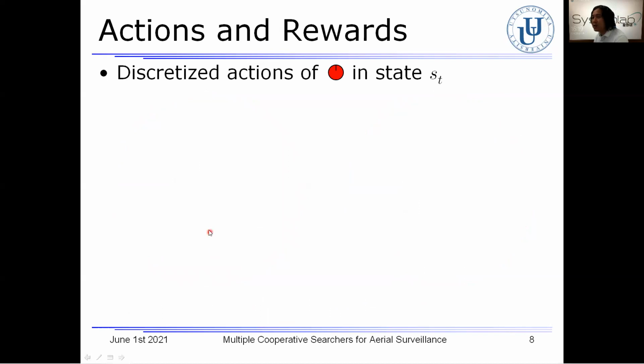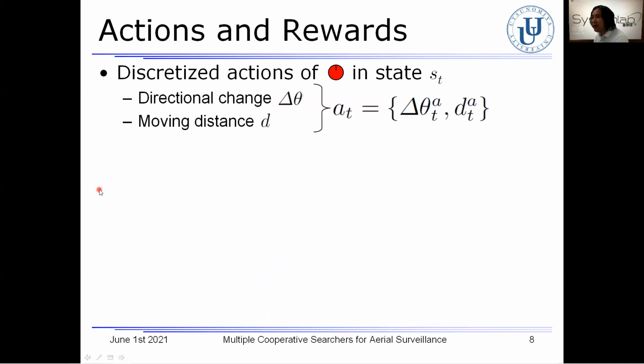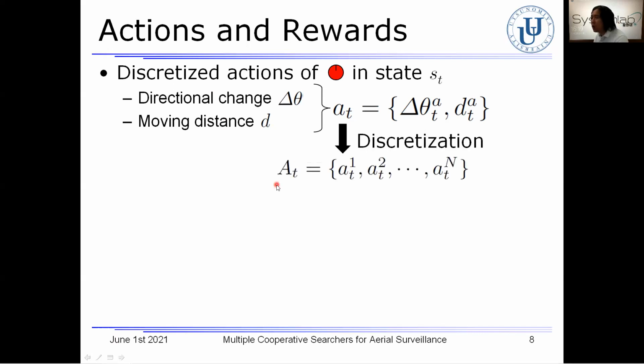In a state, searchers take actions so as to approach the UFV. The searcher action defined by the directional change and the moving distance is represented as you can see here. Given continuous values of the directional change and the moving distance, the action space becomes too large to explore. So the searcher action is discretized by dividing into n directions.